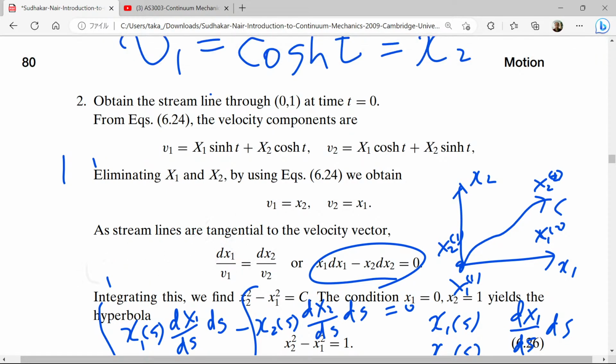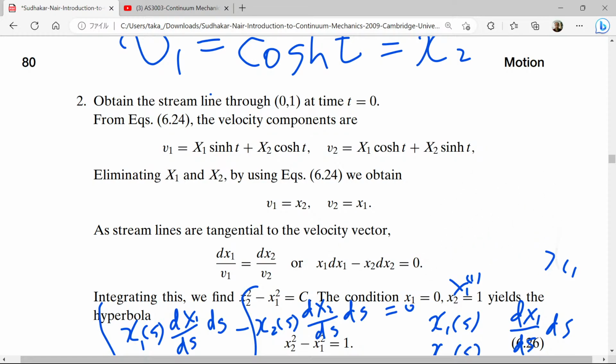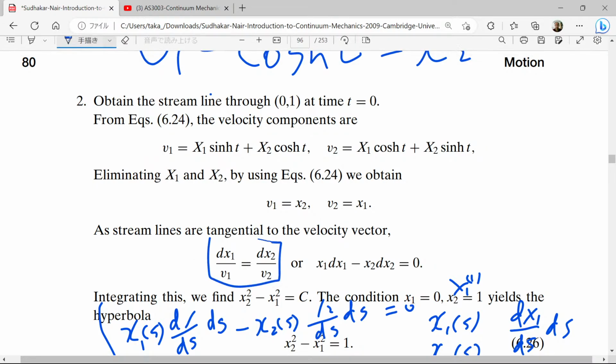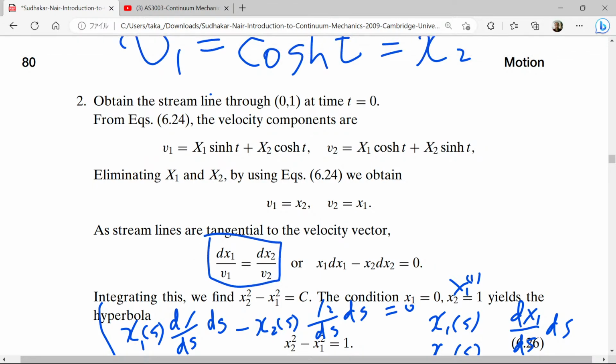And streamlines are tangential to the velocity vector. Tangential to the velocity vector. So that means this one. I think we learned this equation. So then we place V2, this one, to here, and this one here.